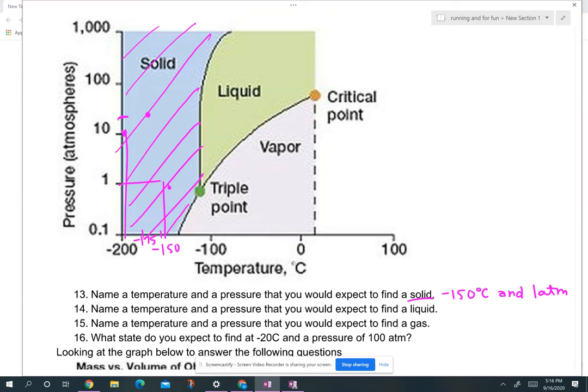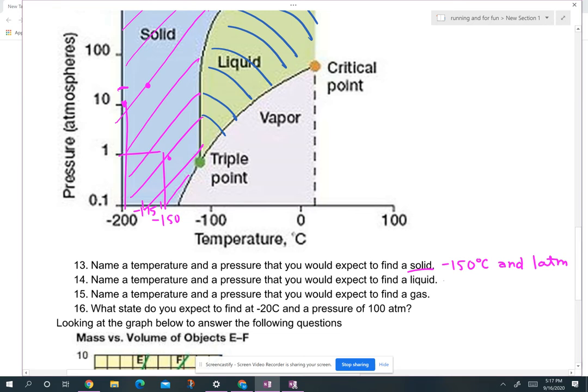Okay, liquid. So liquid is going to be, again, any point in this area, right? So definitely any temperature that is pretty much over negative 100. So I'm going to say negative 100 degrees Celsius and 10 atm, and you'll see that I'm right in this area.